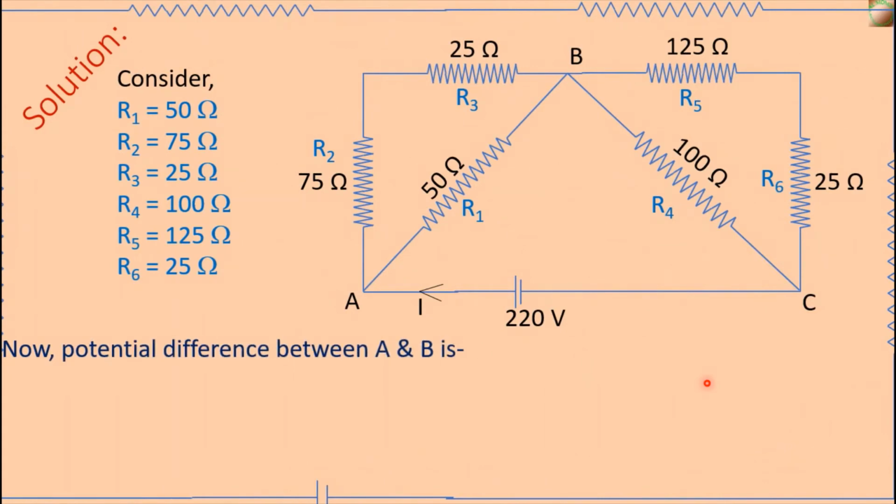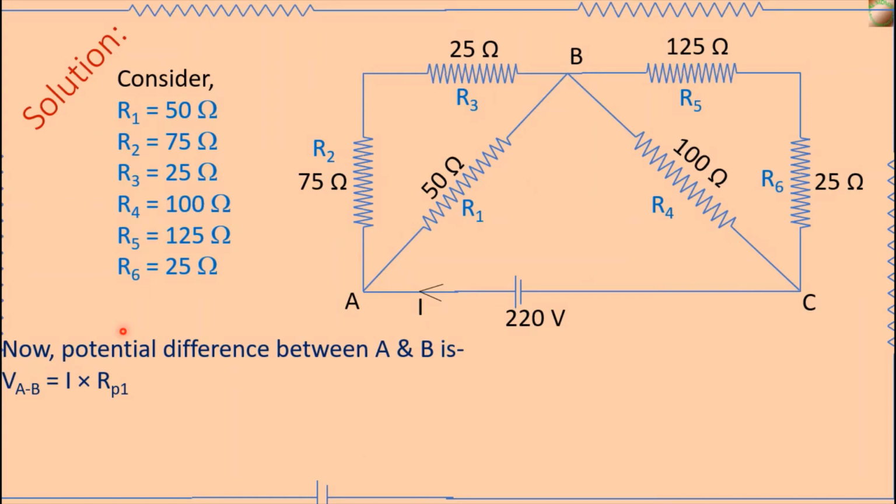Now the potential difference between A and B, here point A and point B. We know the equivalent resistance of these three resistances is 33.33 ohm, that is Rp1, and the main current is I. So the potential difference between point A and B is VAB is equal to I into Rp1, where Rp1 is the equivalent resistance of R1, R2 and R3.